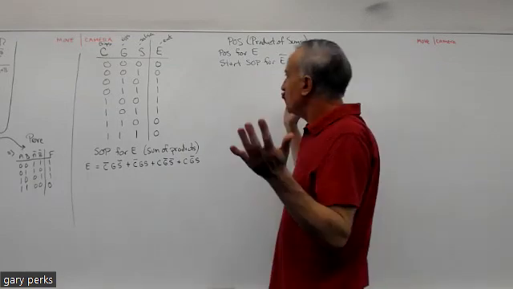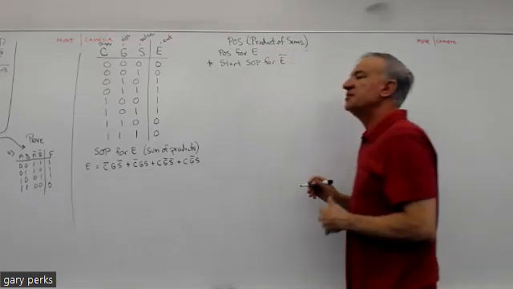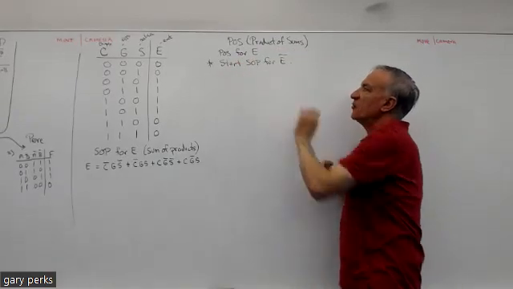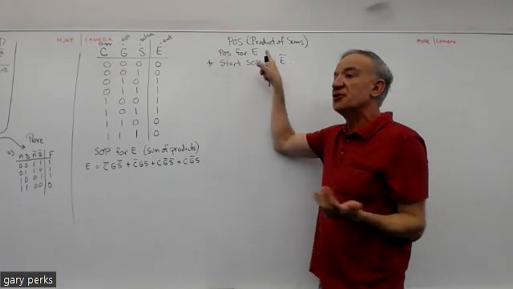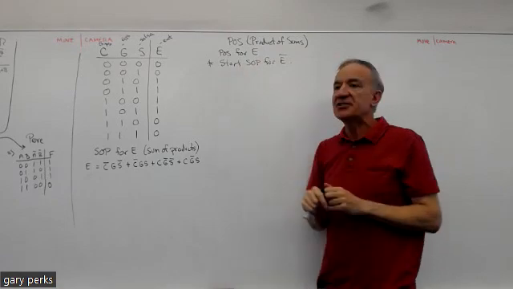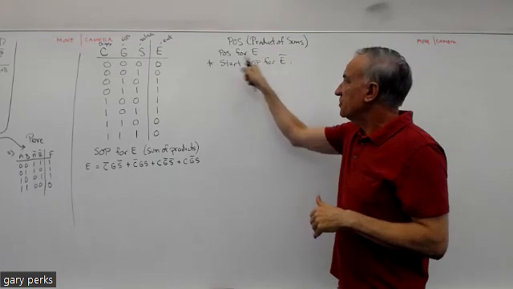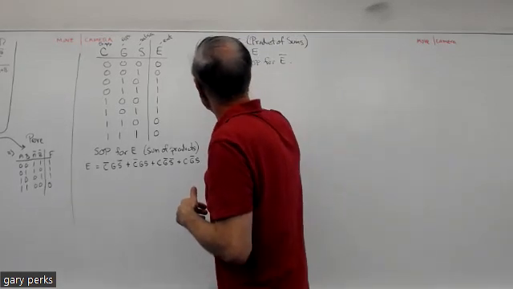But in your notes, highlight, put a star, whatever you have to do, that if you want POS for E, you've got to start with SOP for not E. And the reverse is true too. If you wanted POS for not E, you would have to start with SOP for E. Okay? But again, we're doing this example here, POS for E, so we're going to start with SOP for not E.